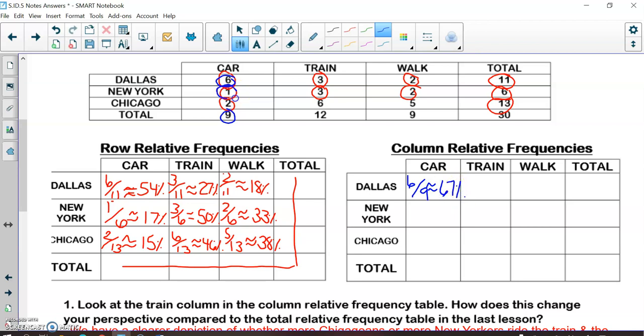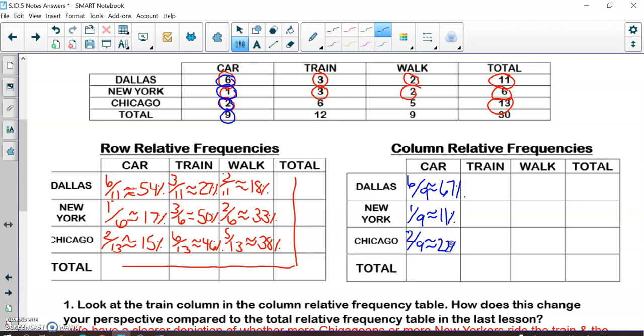And out of all the people that rode their car to work, 1 out of 9 people were from New York. So that's about 11%. And 2 out of 9 people were from Chicago. So that's about 22%.